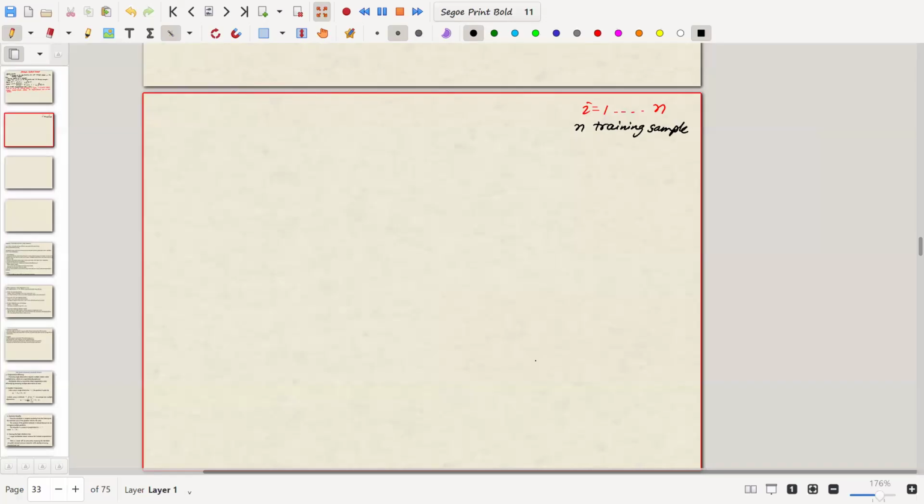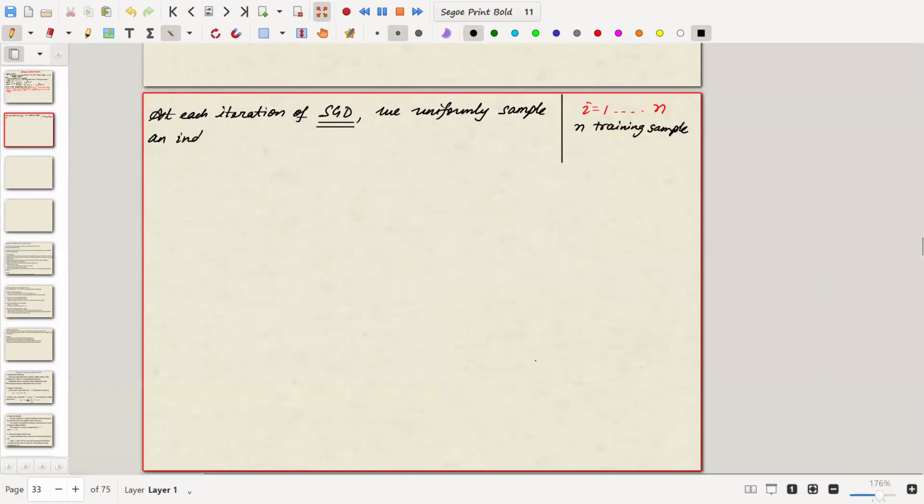Whatever I told you, I am writing it mathematically. So what should I write? At each iteration of stochastic gradient descent, now onwards I will write SGD, we uniformly sample an index i from the set 1 up to n.